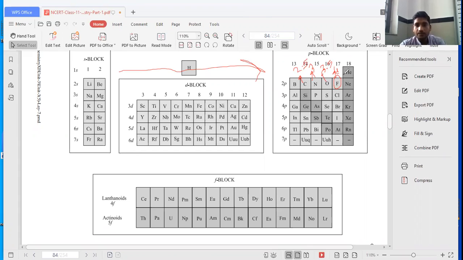And when you go down the group, electronegativity decreases. When you move along a period, electronegativity increases. This is the trend which you have to observe in case of electronegativity. All right, so you can see these trends.